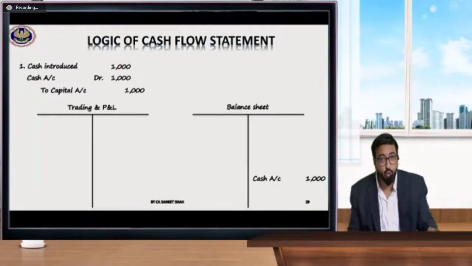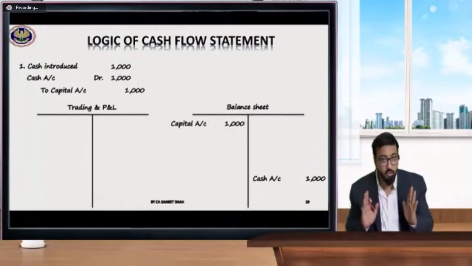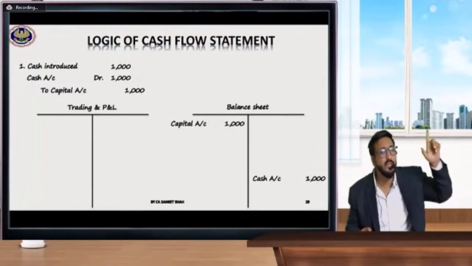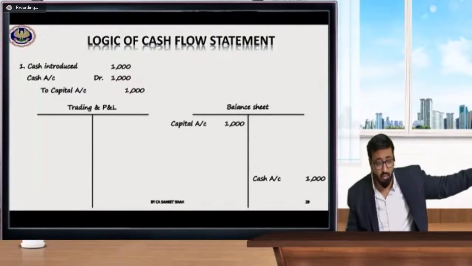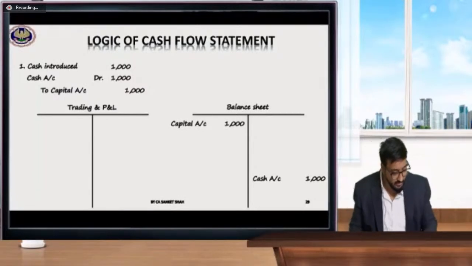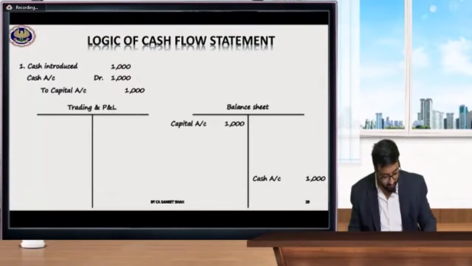Capital, where to show? Liability side. So capital 1000. Very easy. Now you can visualize your capital is 1000 and on the asset side your cash is 1000. Cash to capital.